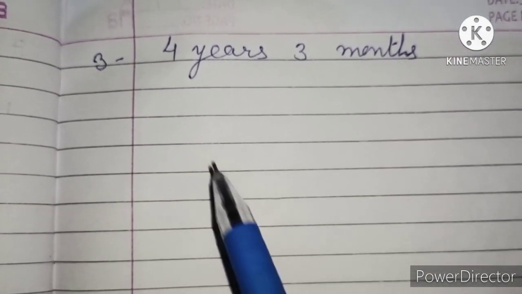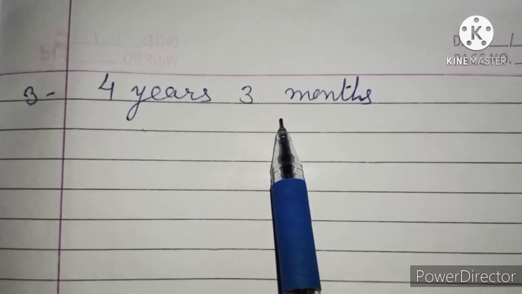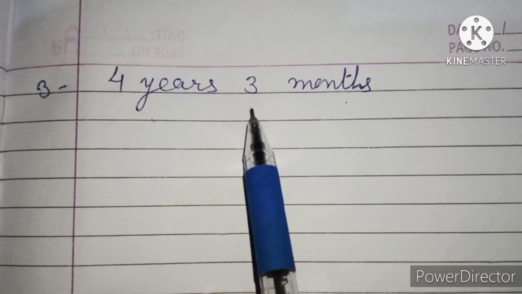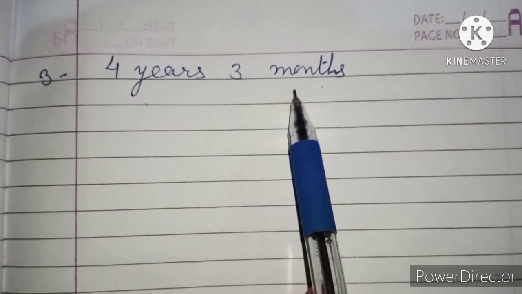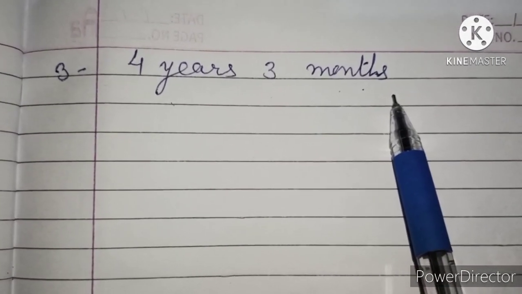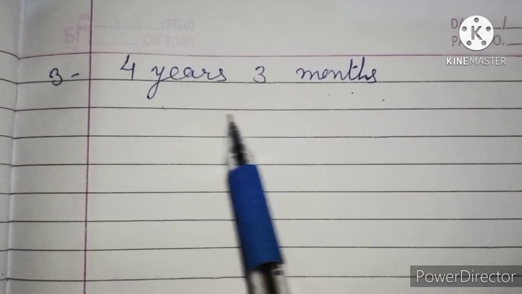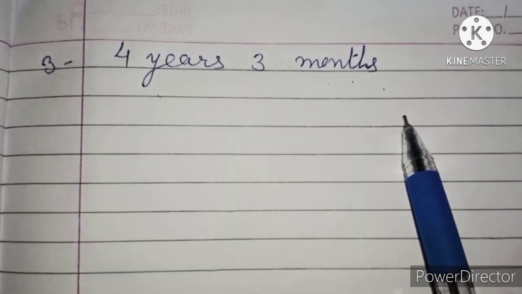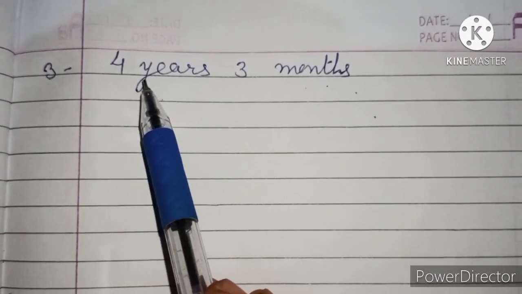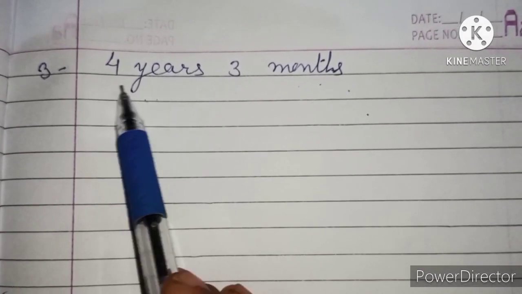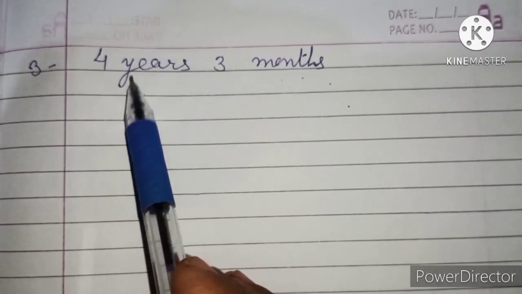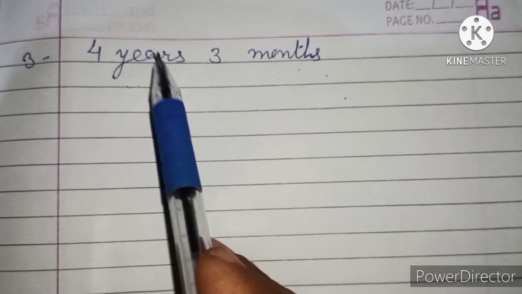Now the next question is 4 years 3 months. Convert into days. Okay? Children, we have to do this question in the same way. In this question, first we will convert years into days.